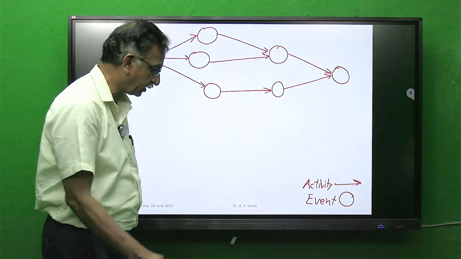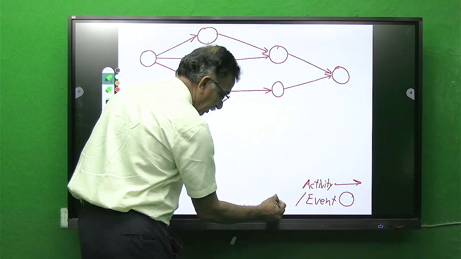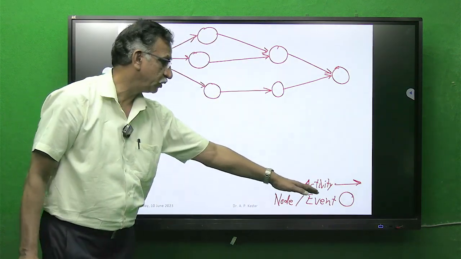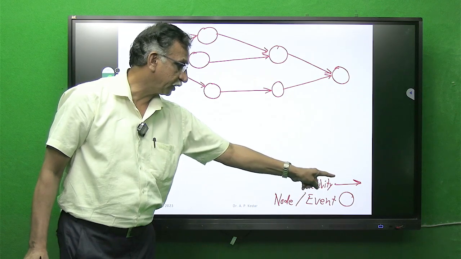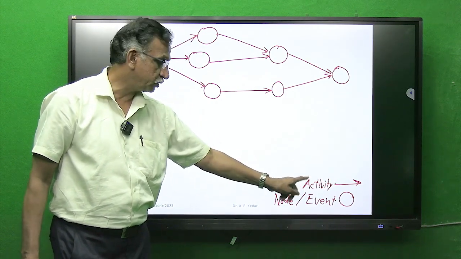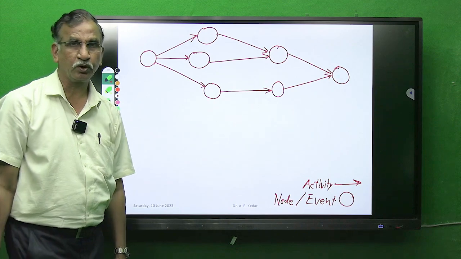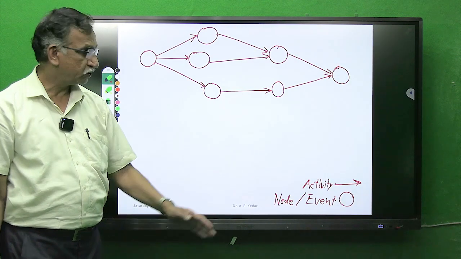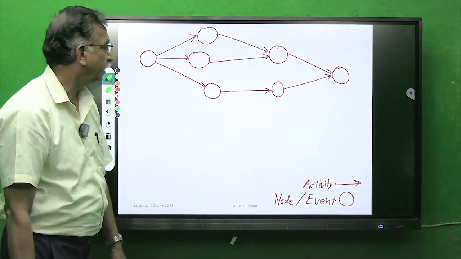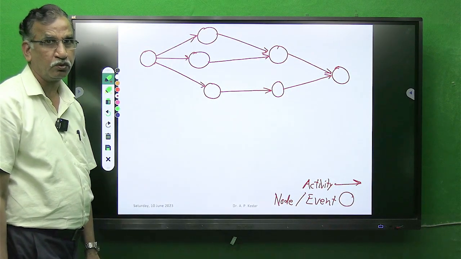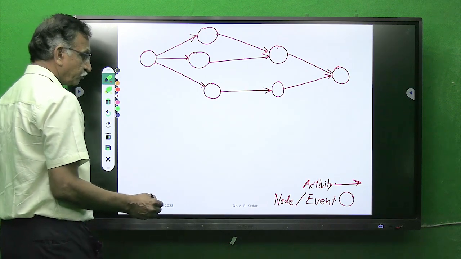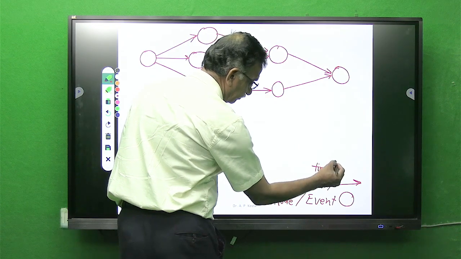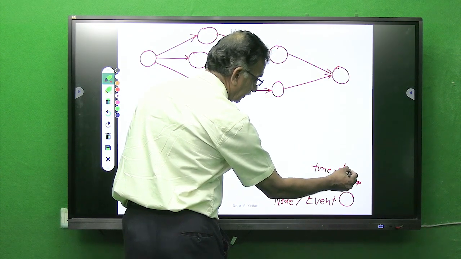Event is also referred as node, and activity is represented by a straight arrow. And yesterday we have seen that activity's name is written above arrowhead and their timings are written below arrowhead. Suppose now for this particular case, time we are considering in units of days.